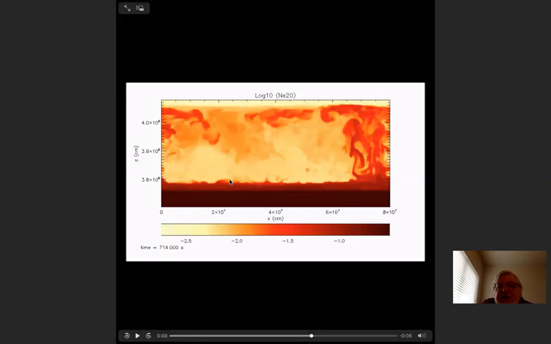So this is a movie from 3D simulations, three-dimensional hydrodynamic simulations of nova explosion. This line is the boundary between the hydrogen-rich accreted envelope and the underlying carbon-oxygen white dwarf, and you can see these plumes.